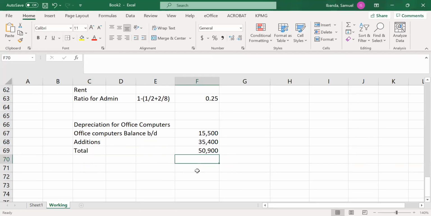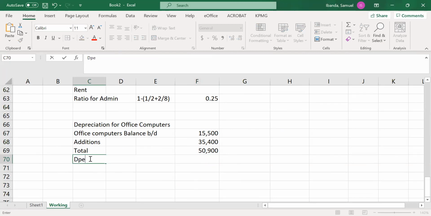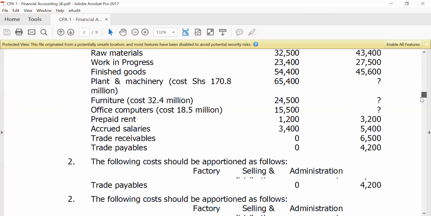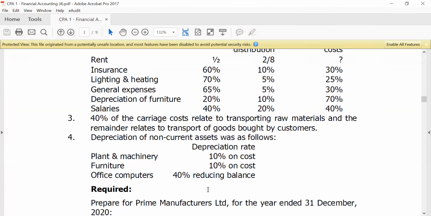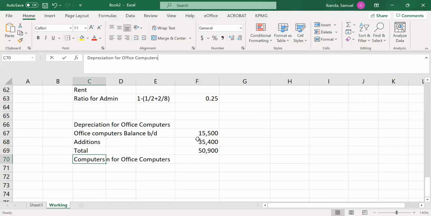Total up that and get depreciation. So depreciation, remember they have told us depreciation for office computers is by what? Reducing balance, 40%. So I'm going to apply 40% onto that value.